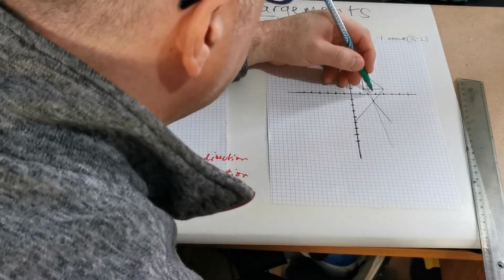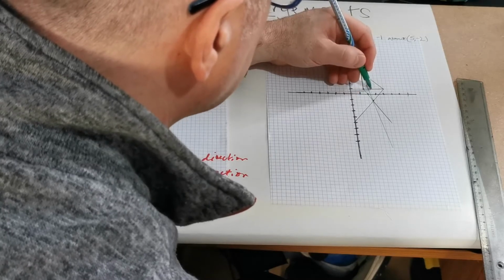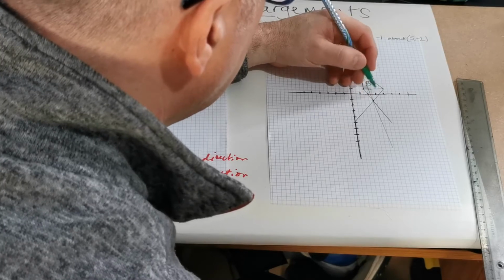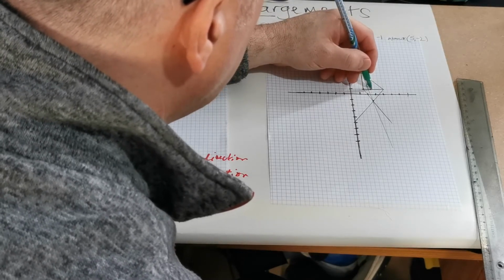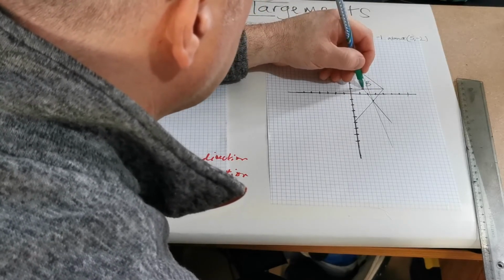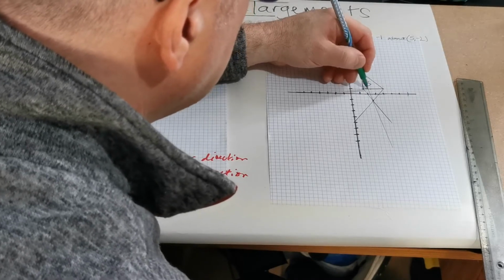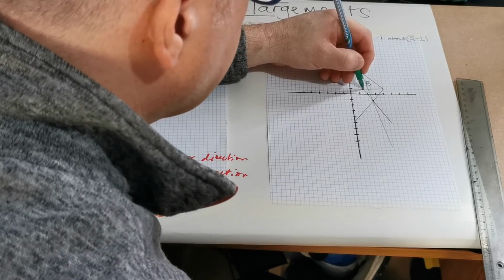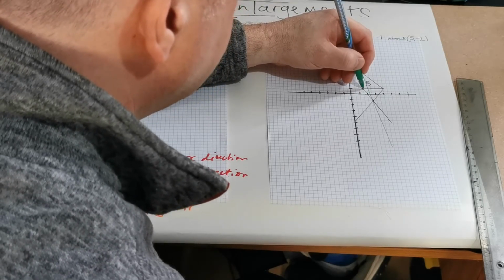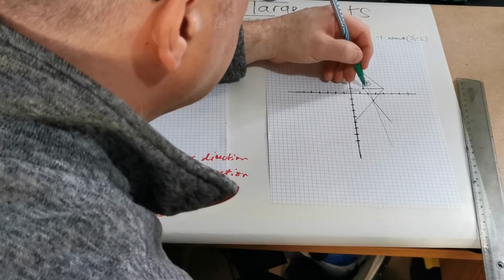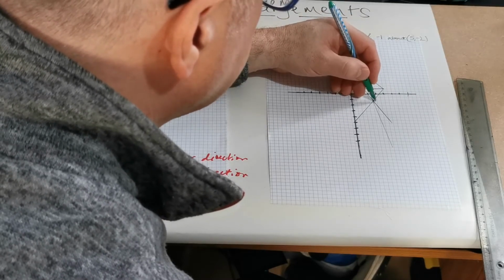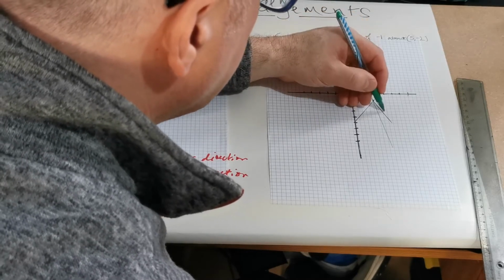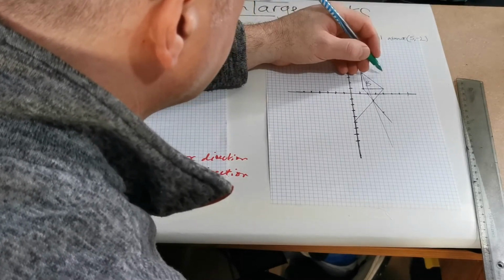So if I'm going from here to this point, I'm going 4 up and 2 back. So that 2 back, I'm going in a negative direction already. So if I times that by -1, it means I need to go 2 in the positive direction, and then because it was 4 up there, that ends up there.